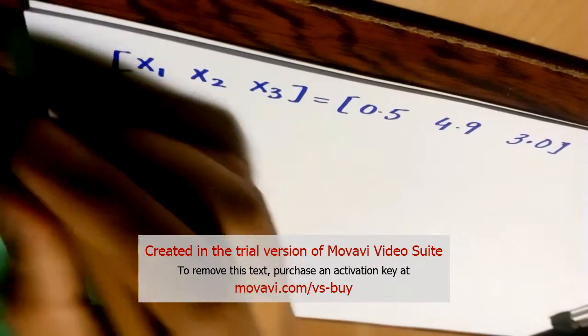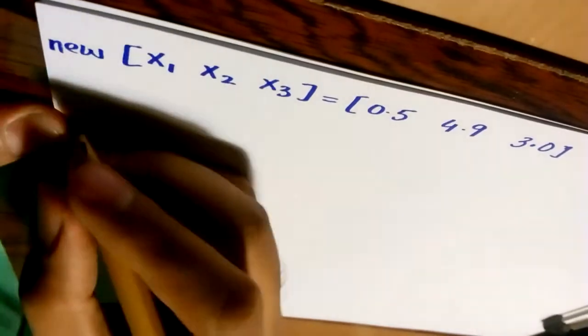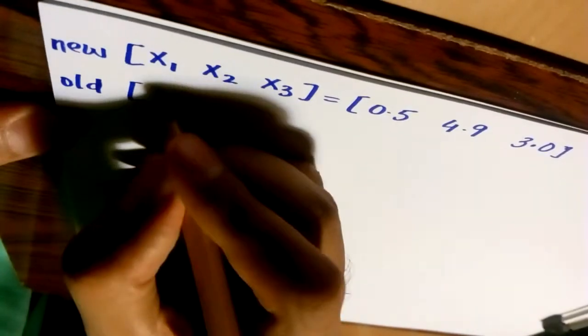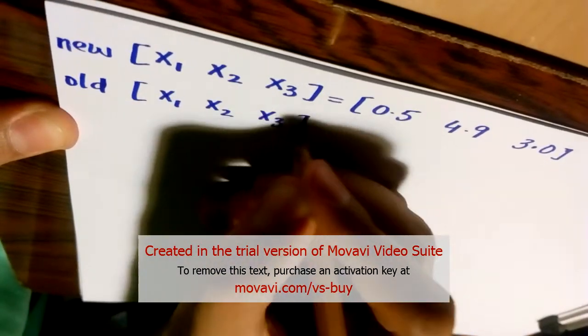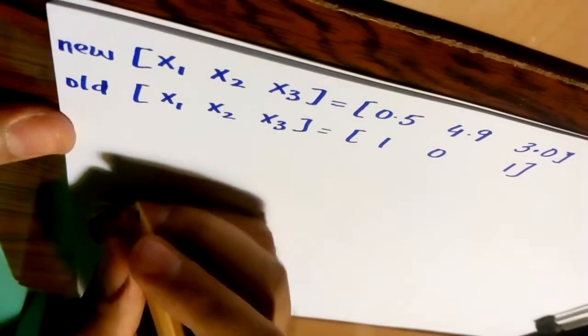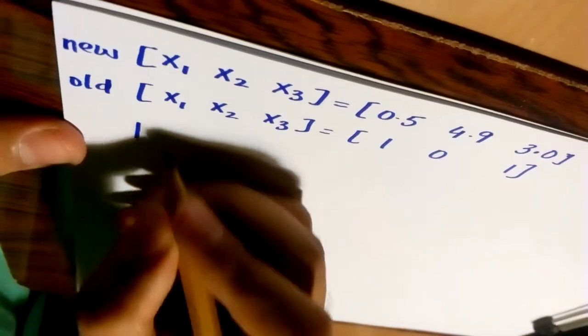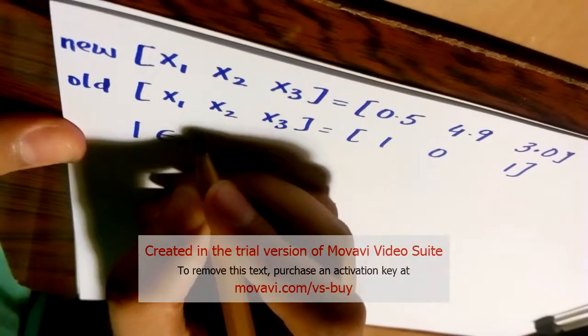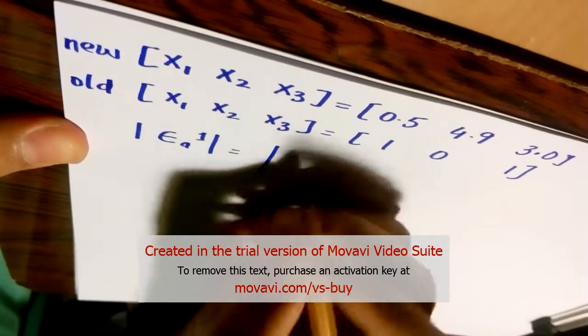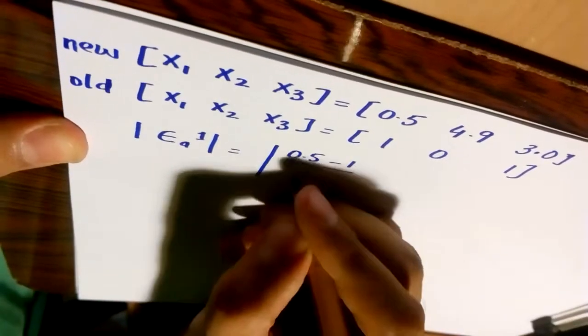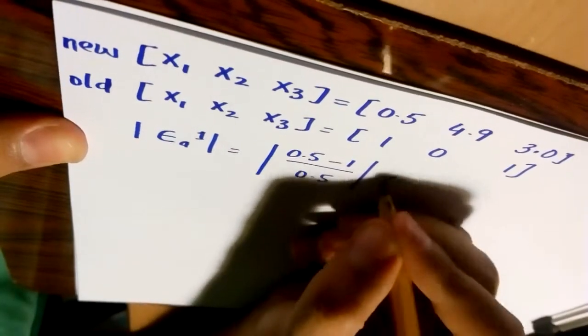Now we can see that our new values of x1, x2 and x3 are 0.5, 4.9 and 3.0, while the older values are 1, 0, 1. Now we are finding the error percentage after the first iteration.